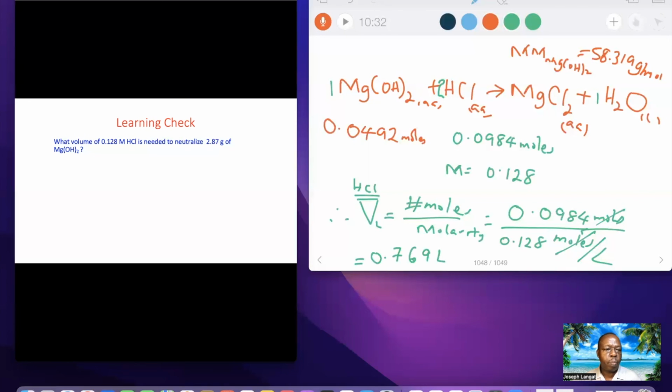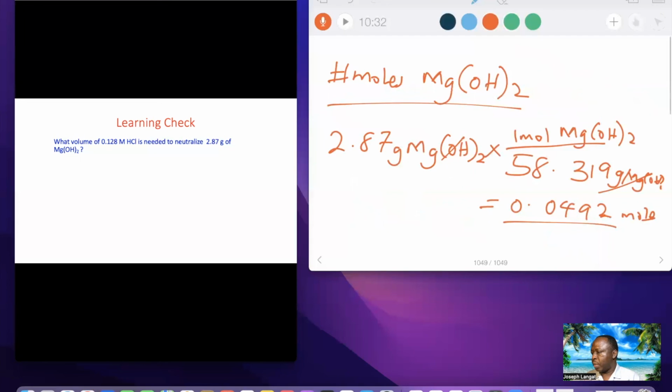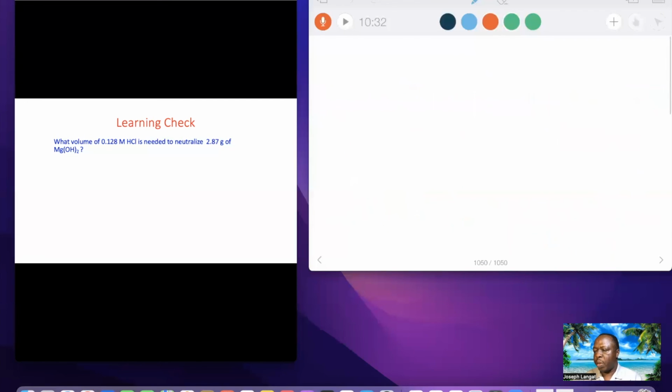This is volume in liters. But if we want to change to mL, this will be 769 mL of HCl.